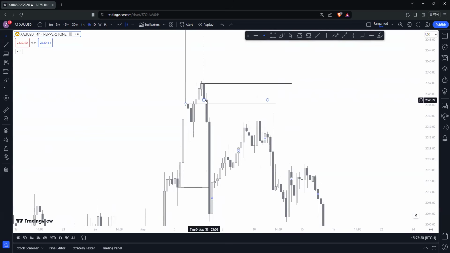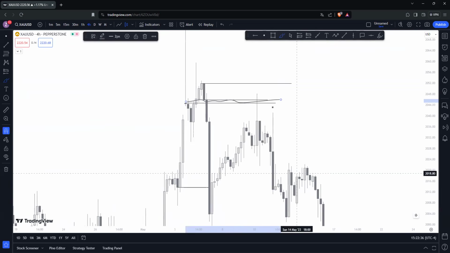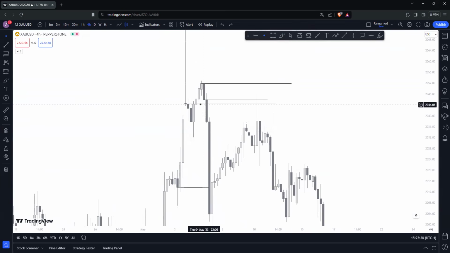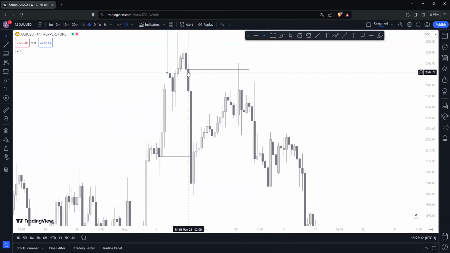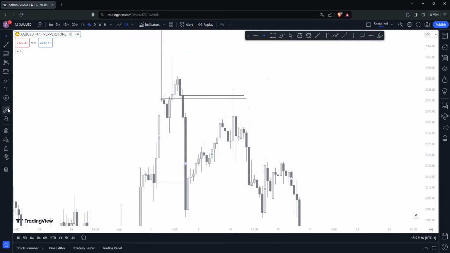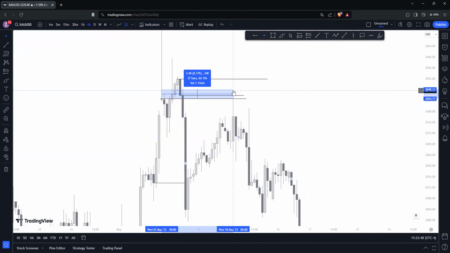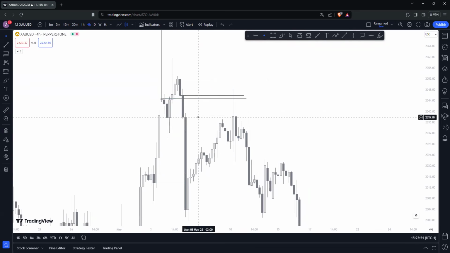We actually reacted from this level, but at the same time, we touched a QM. So having an entry in this zone, you better hold it for a swing. The reason why price went for a swing from this is because we touched the QM at the same time. If you check the QM, we might have taken a loss in there because that's 34 pips, which happens. It's totally fine. And then you can have another entry on this gap.